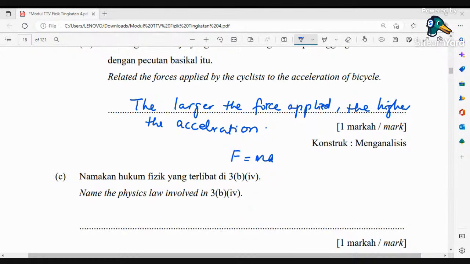What is the law given for this one? F equals to ma. Apa nama law ni?